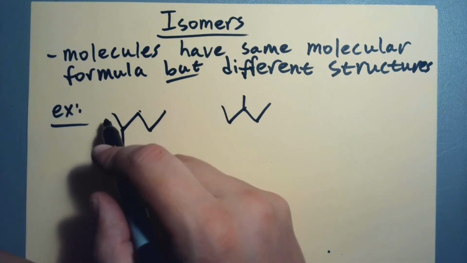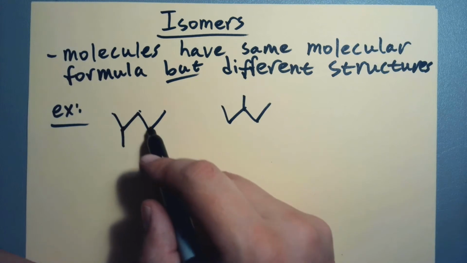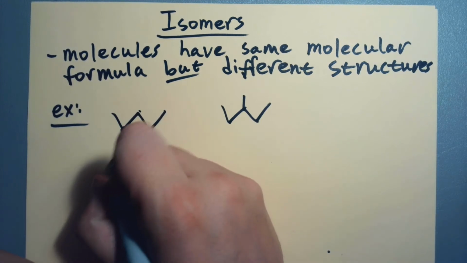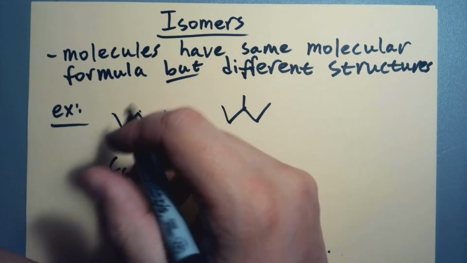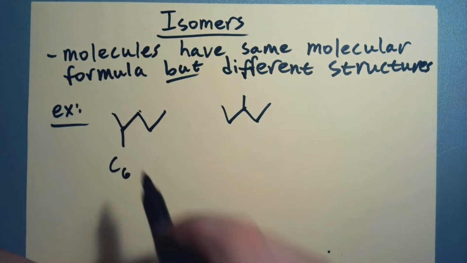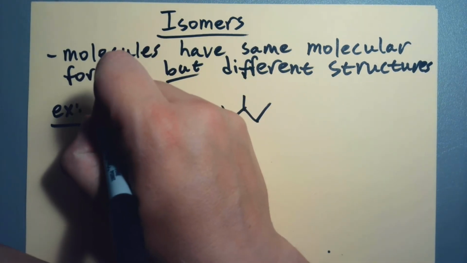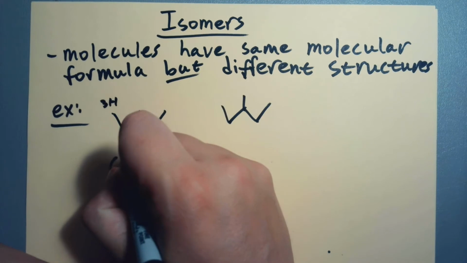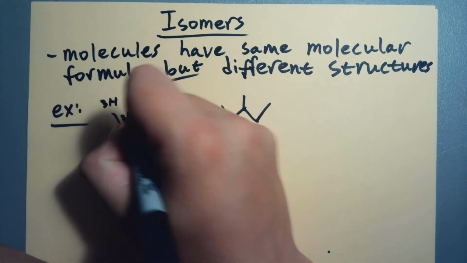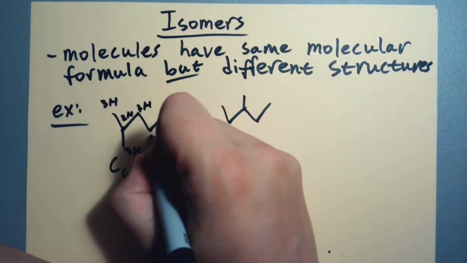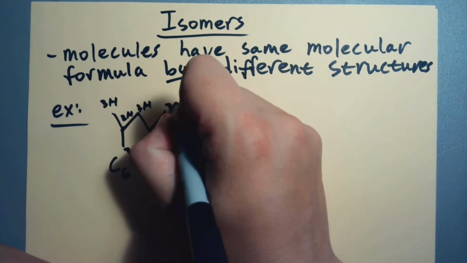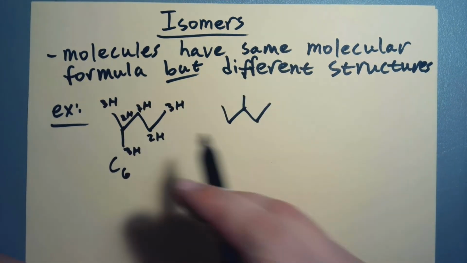And so if we look at the molecular formula, well, I've got 1, 2, 3, 4, 5, 6. So it's C6. And then we've got to be careful here. So we're going to work carefully. So this is going to have 3 H's, 3 H's, 2 H's, 2 H's, 2 H's, and 3 H's. So this is the trick we talked about before.